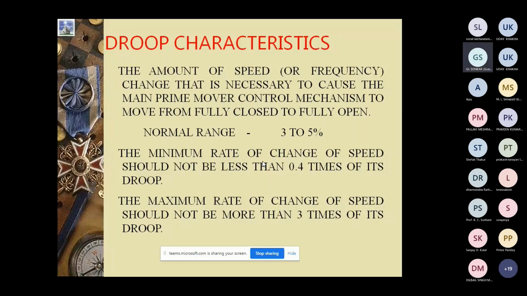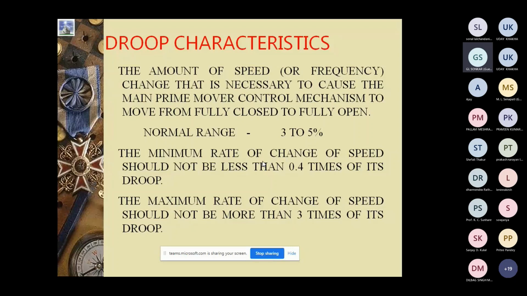That means if your guide vane is fully closed, how much speed change will take your guide vane from full close to full open? That is called droop, with 3 to 5% normal range. If there is a 3 to 5% change in the speed, then your guide vane will be opened fully.